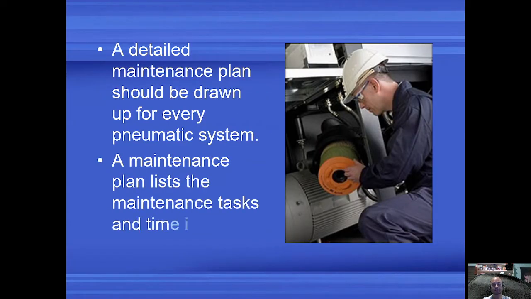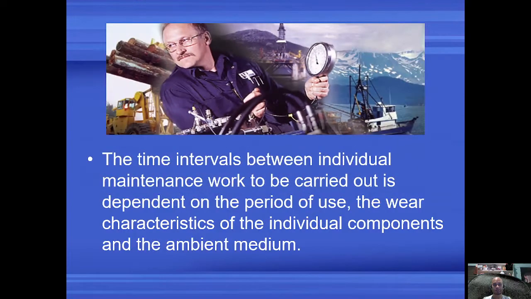Okay, a detailed maintenance plan should be drawn up for every pneumatic system. A maintenance plan lists the maintenance tasks and intervals. The time intervals between individual maintenance work depend on the period of use, the wear characteristics of the individual components, and the ambient medium.